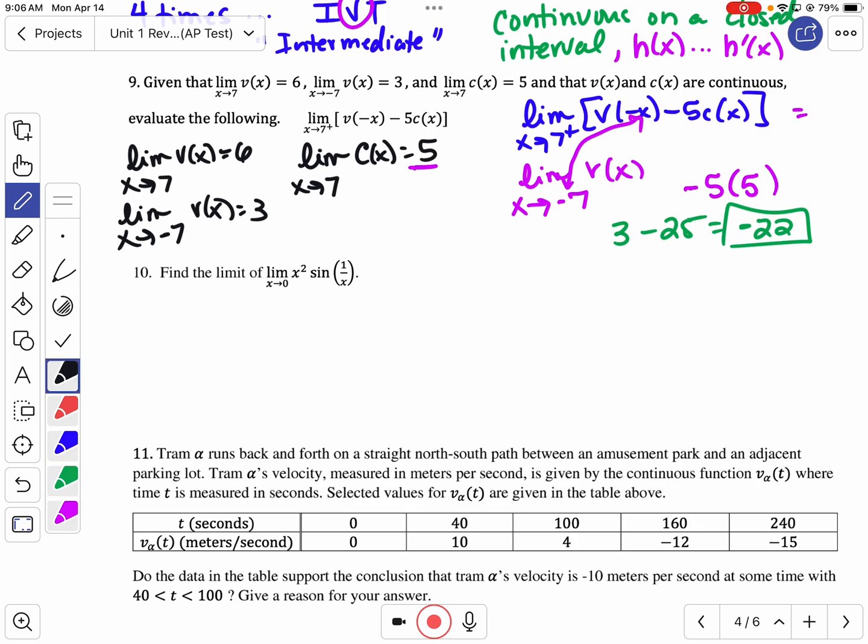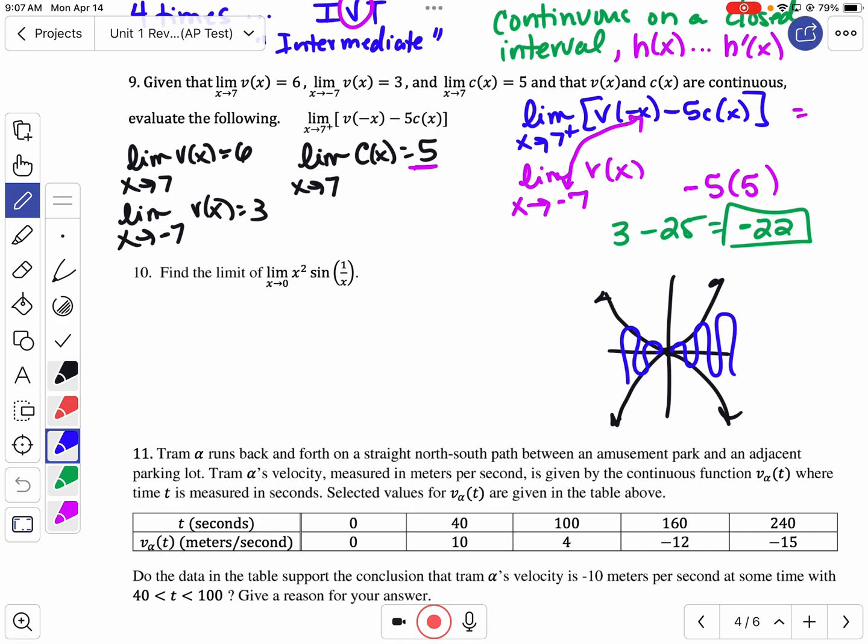This is the squeeze theorem. We're squeezing this sine function between x squared. If you remember from pre-calc, we had x squared, and then we put that sine function in between it. If I graphed it on my calculator, it would look something like that. So what has control over what sine is doing? The x squared.